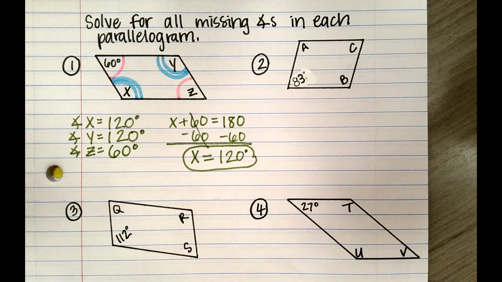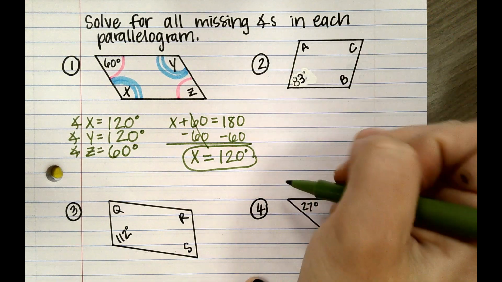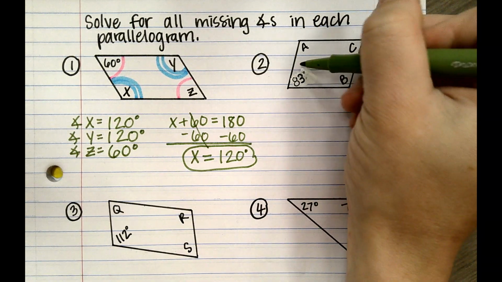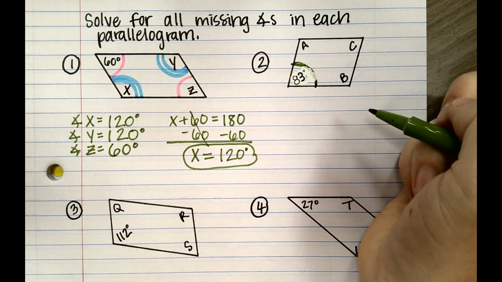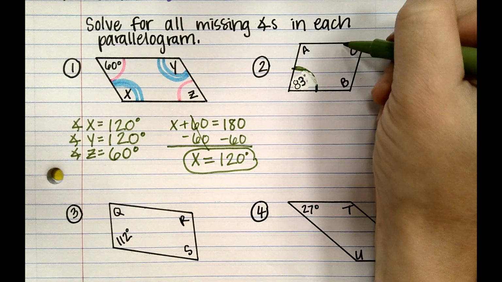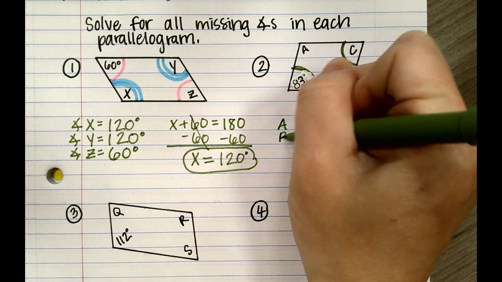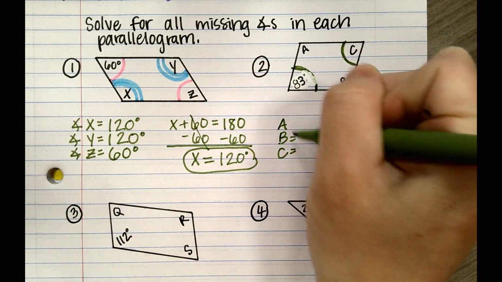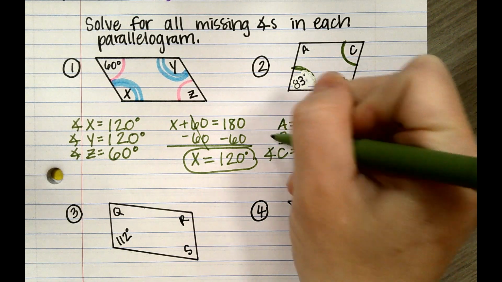So we're just going to do the exact same thing for the rest of them. Number 2, I know that I have one angle that is 83 degrees. Which of these angles is equal to that? C. So I already know angle C is 83 degrees because it's an opposite angle.